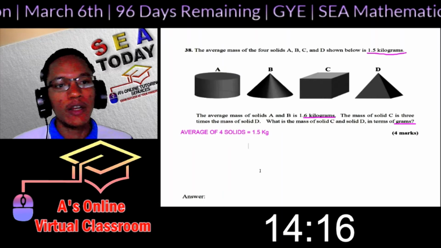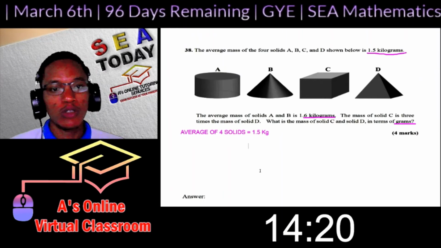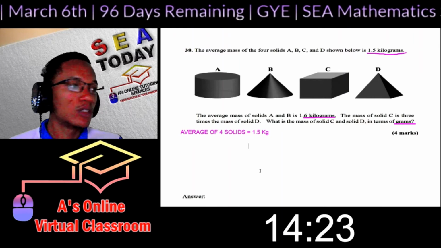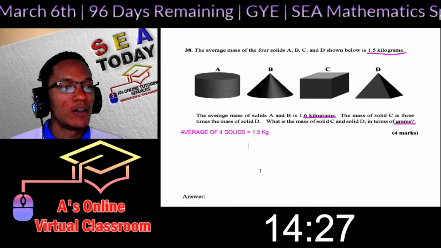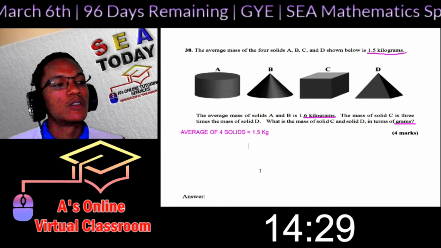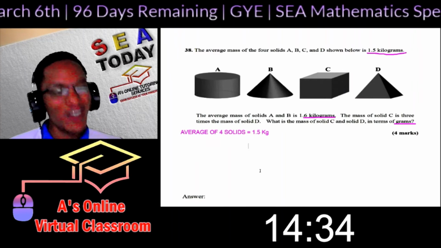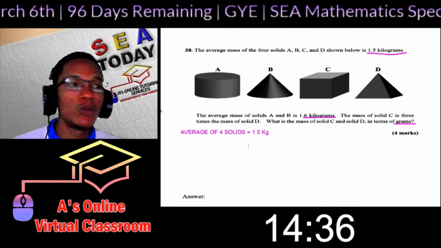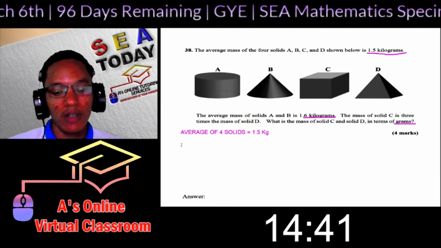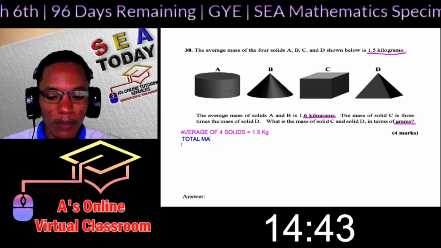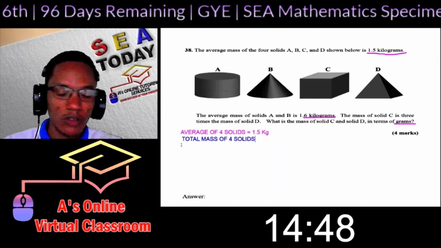So if you added up 4 things like we did here, we would have divided by 4. So if we were given the information that 4 solids has an average of 1.5 kilograms, we can actually find out the total mass of all 4 solids.